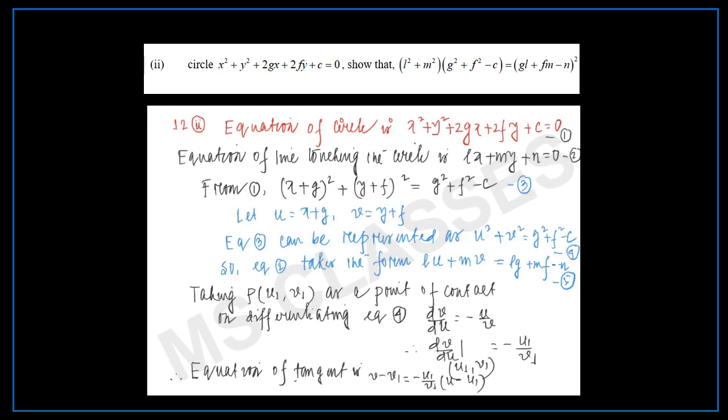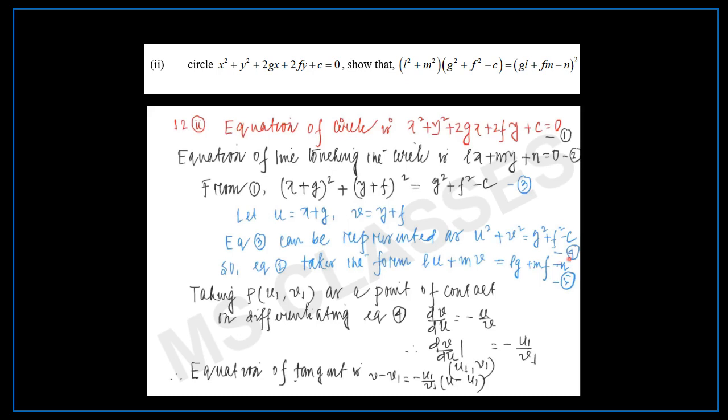Now, if we simplify this, we get u1 u plus v1 v equal to g square plus f square minus c, as (u1, v1) is the point of contact. We take this one as equation 6, which is a tangent to the circle.